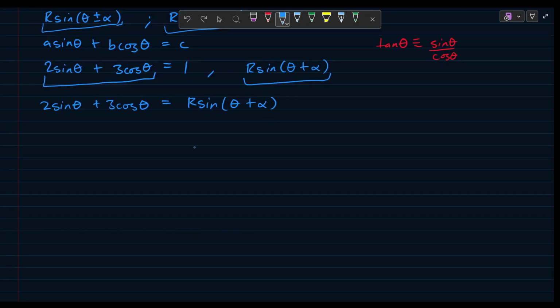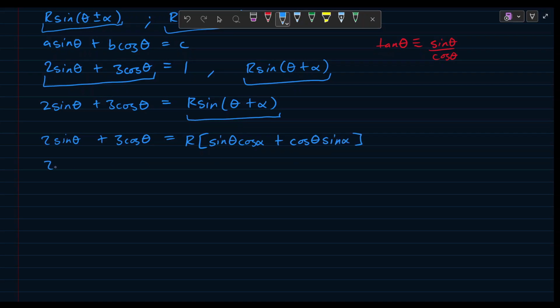So what we can do here is to use the compound angle for sine to expand this and say that 2 sine theta plus 3 cos theta is equal to r times (sine theta cos alpha plus cos theta sine alpha).